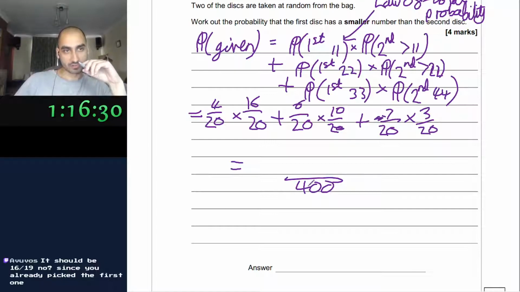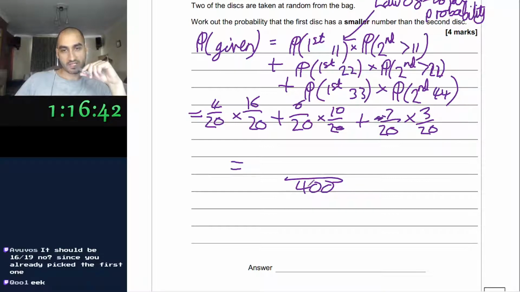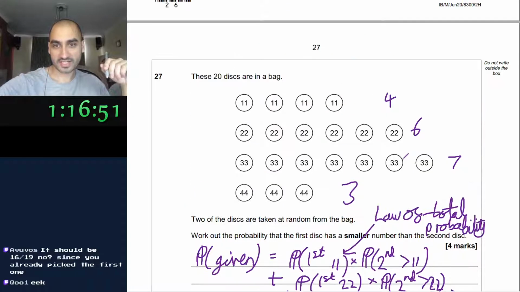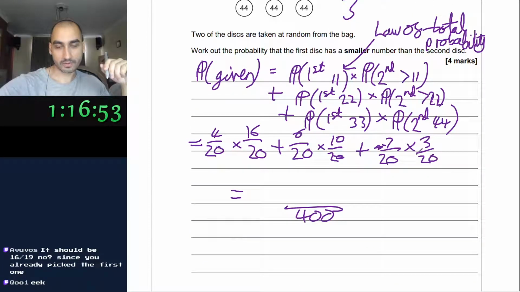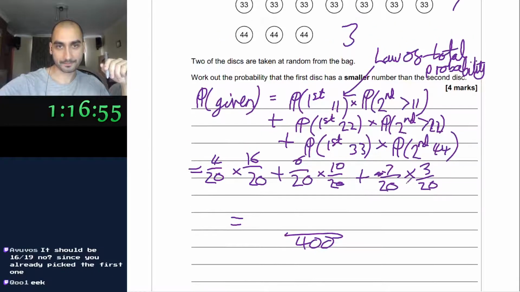Hello Avuvos, should be 16 out of 19, since you picked the first one. It is, but since you told me, I have to carry on with what I've been doing. Because this is a no spoilers GCSE paper, so I'll probably lose marks for that.